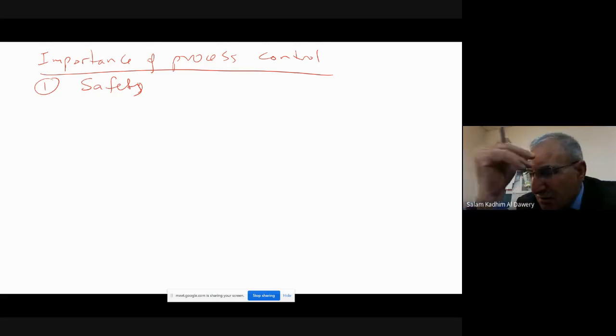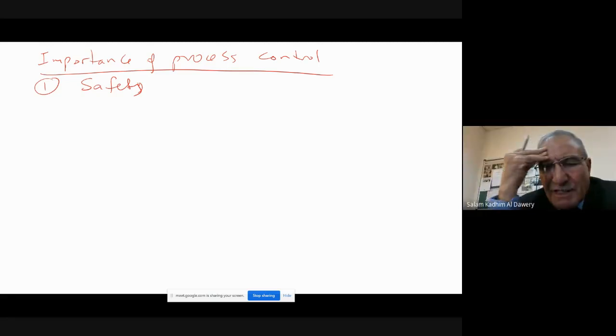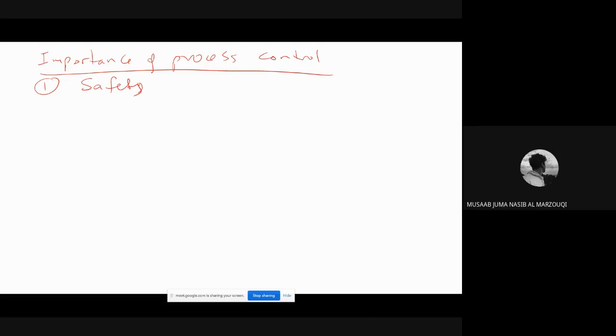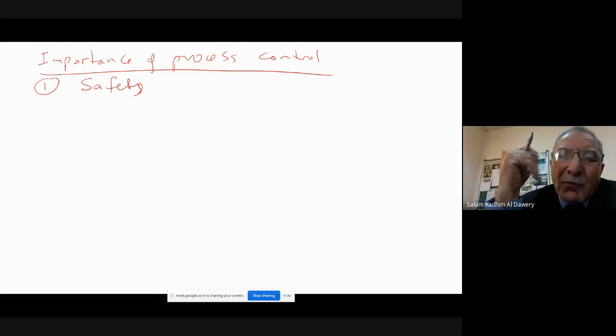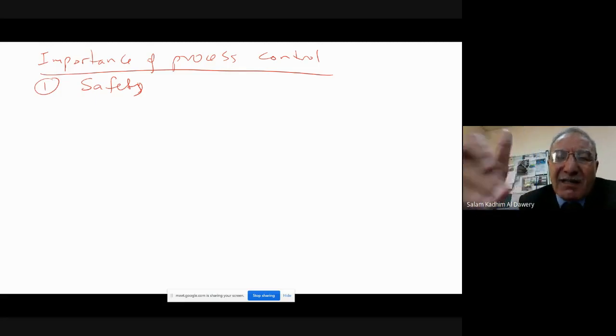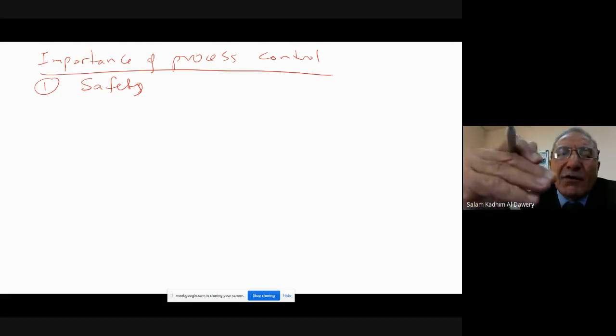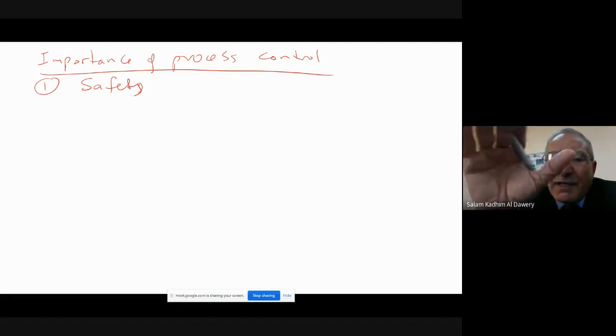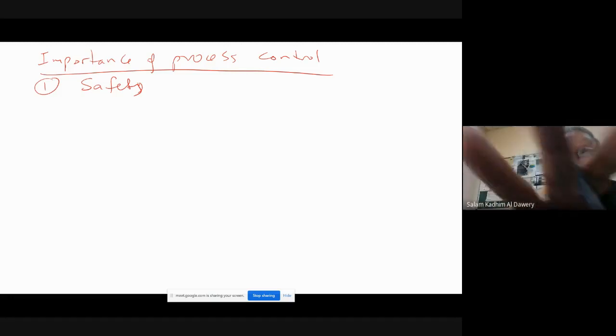Actually, I can see Musab. Musab Al-Khalil? No, Musab Marzouqi. Musab Marzouq. In the Moodle, I need it in the Moodle. Why? Because I'll put a mark in the Moodle. You will see your mark on the assignment. I'm not going to accept any assignment or exam by email.